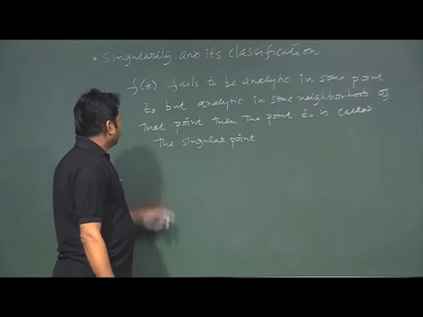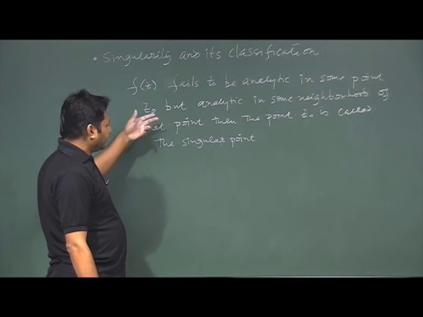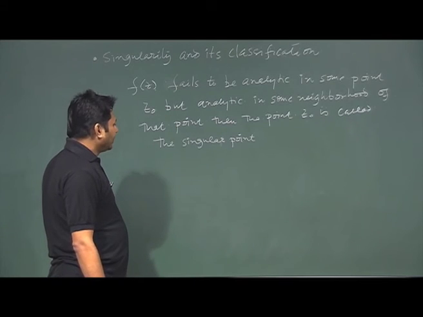What is the meaning of that? f(z) fails to be analytic at some point z0, but is analytic in some neighborhood of that point, then the point z0 is called the singular point.